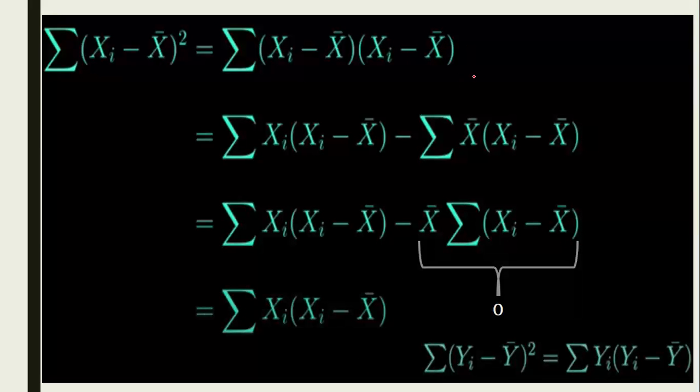If we split it up as before and once again realize that with respect to the summation, x bar is a constant and can be taken out front, we get this here, and once again the sum of the deviations is 0. So this second term drops out, and of course that works for y as well. Just something to keep in mind here, as that identity comes in handy from time to time.